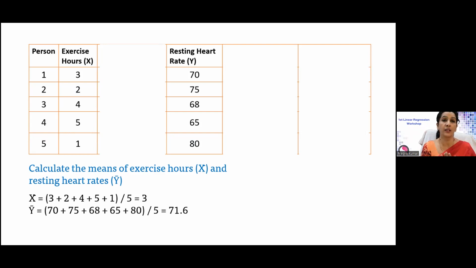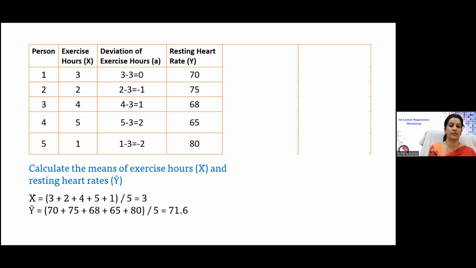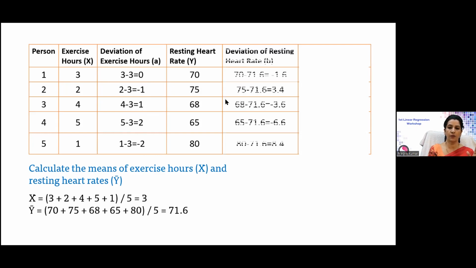If I have to know the amount, what will I do? I'll calculate the deviation on the x-axis. I will deduct the mean from the individual values. So 3 minus 3 is 0, 2 minus 3 is minus 1, 4 minus 3 will be 1, and so on. Similarly, for the resting heart rate, I will deduct 71.6 from the individual values, giving the deviation of the resting heart rate.